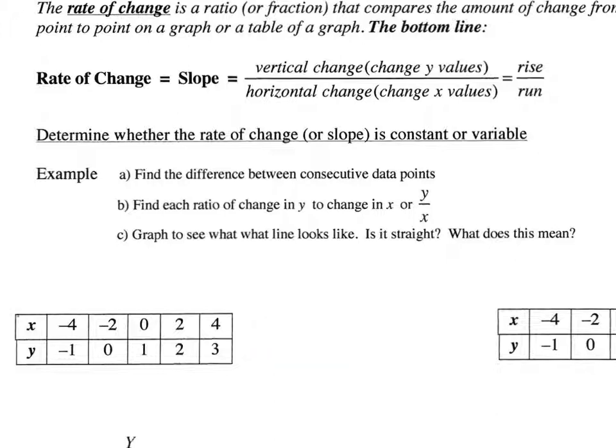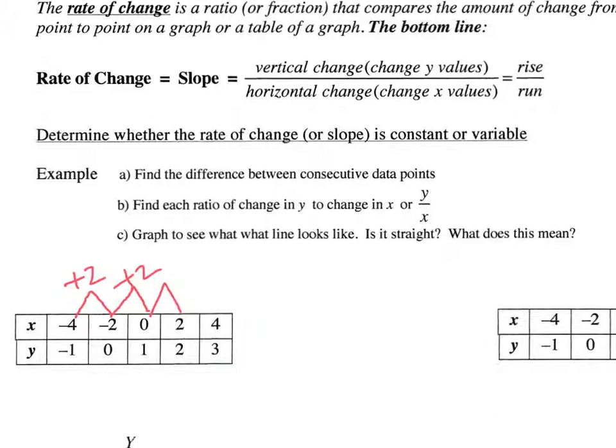This table is made up of x values and y values that form ordered pairs, such as -4, 1 here. So let's determine the amount of change that occurs as I go from this point -4 to this point -2. We can see that I added 2. Then if I want to go from -2 to the point 0, I also add 2.